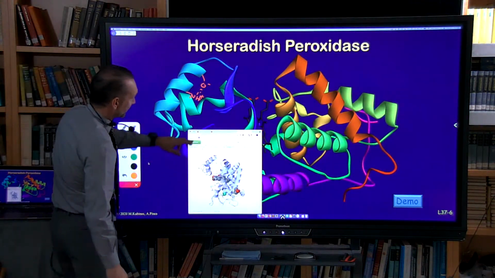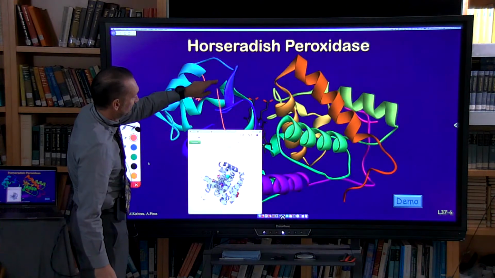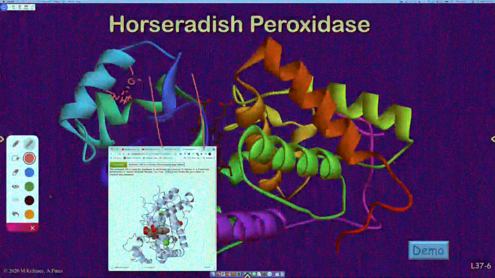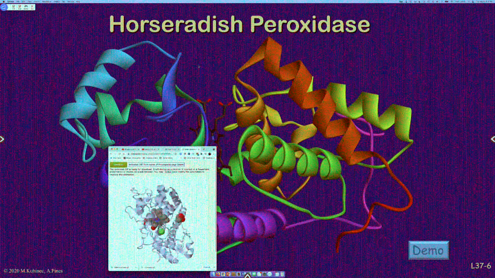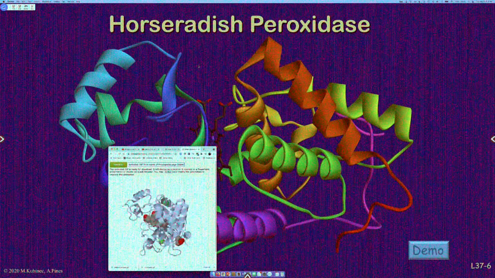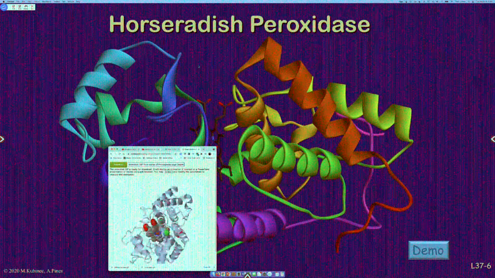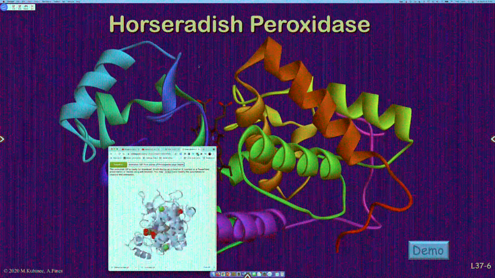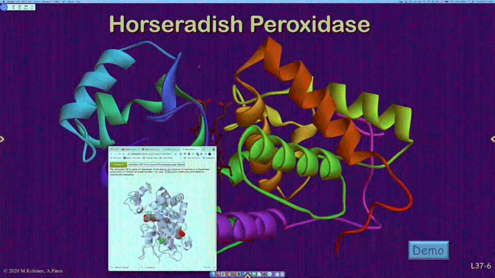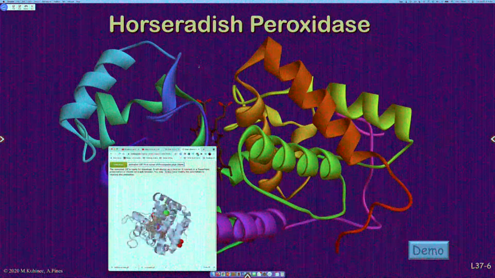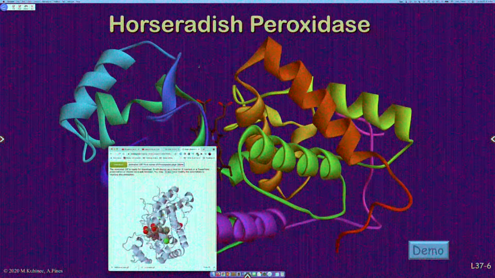There's horseradish peroxidase rotating around. Oops, sorry. Oh, that is horrible. We're having some trouble with the screen resolution.